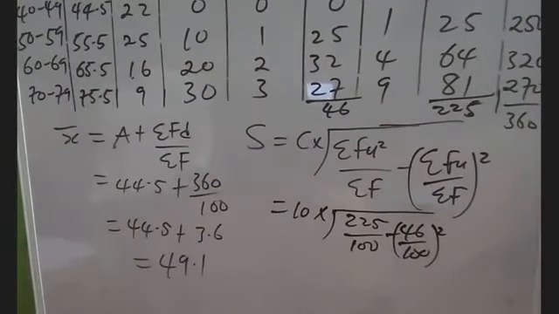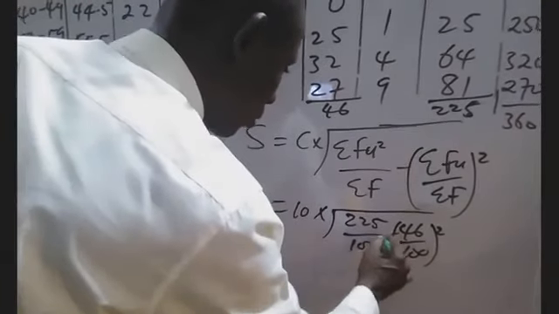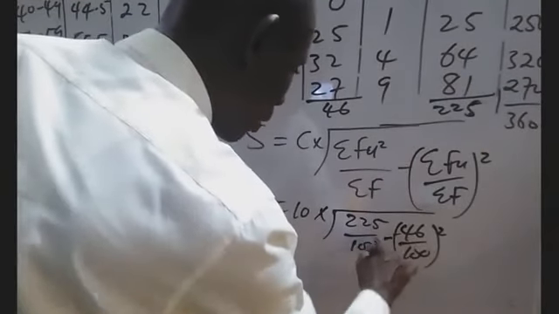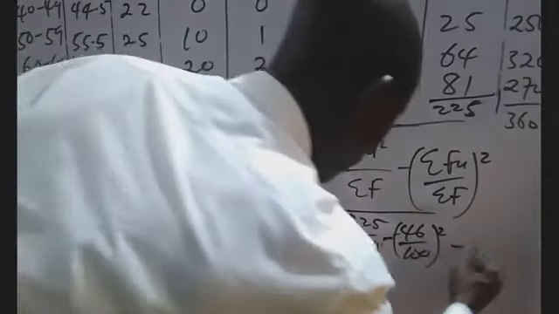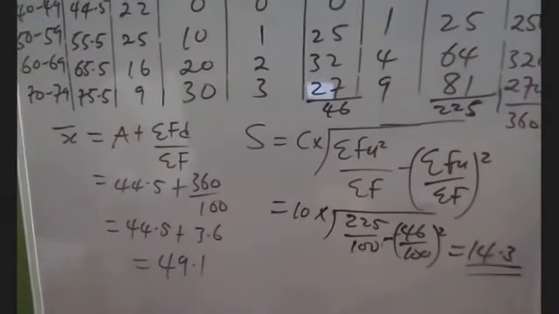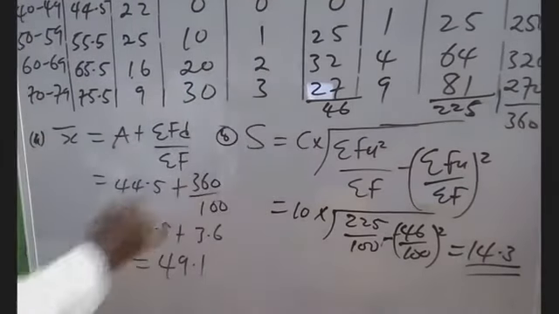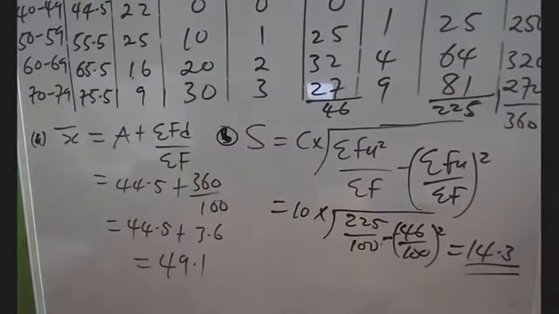And if you solve that very well, your final answer will be 14.3 approximately. So our standard deviation is 14.3. So this is A. This is B. Then the last question we have there is C.